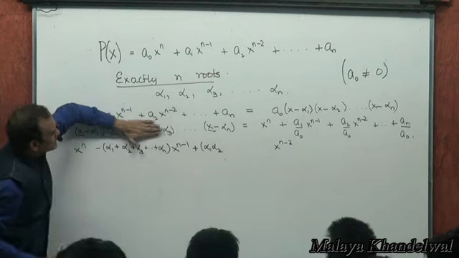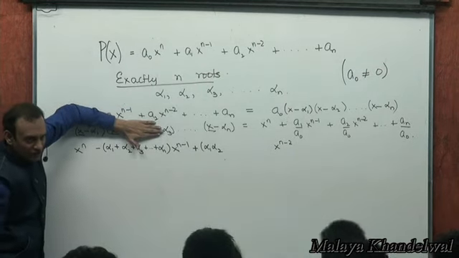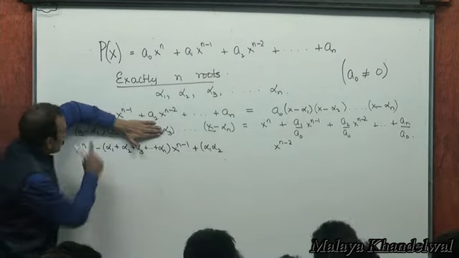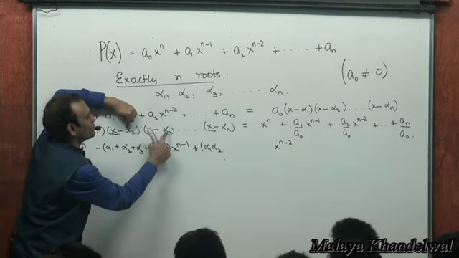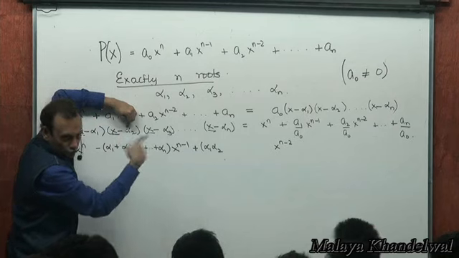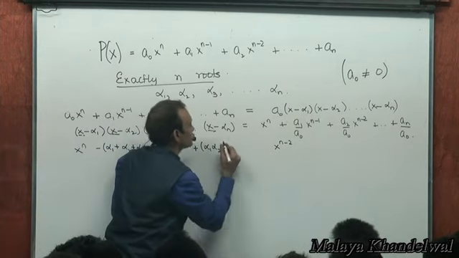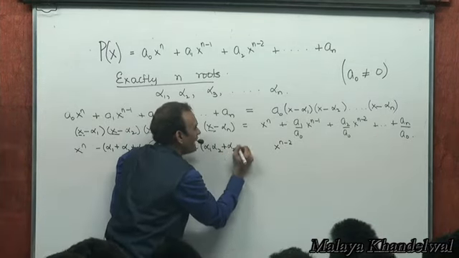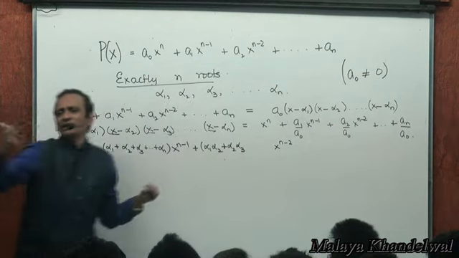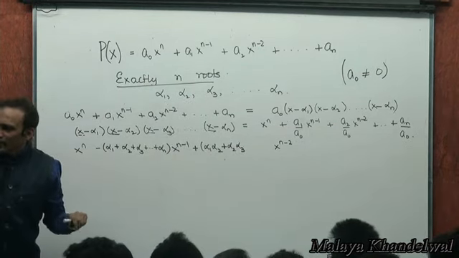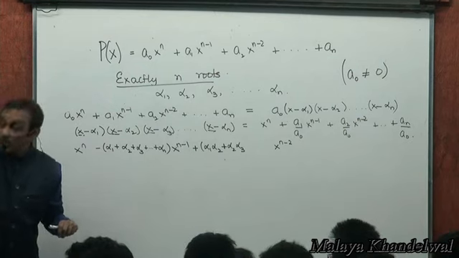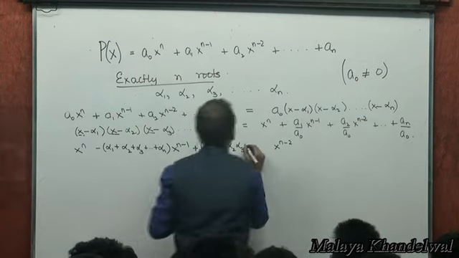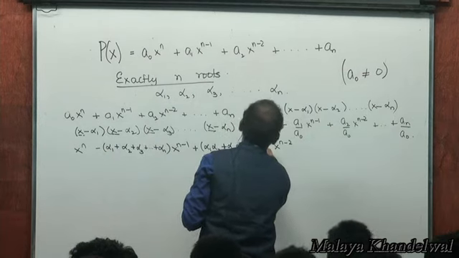Then let's say I hide the second and the third factors, right? And then x into x into x, x^(n-2) into minus alpha 2 minus alpha 3, that makes it alpha 2 alpha 3. So plus alpha 2 alpha 3. And hiding two at a time and carrying this operation, I get all the coefficients of x^(n-2): alpha 2 alpha 3 plus alpha 1 alpha 3 and so on and so forth.